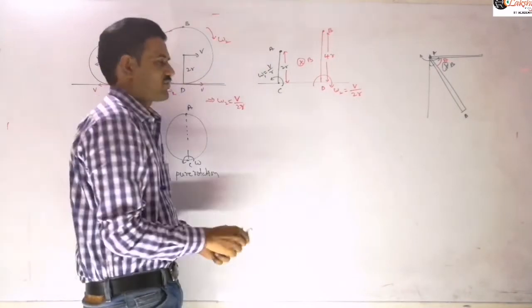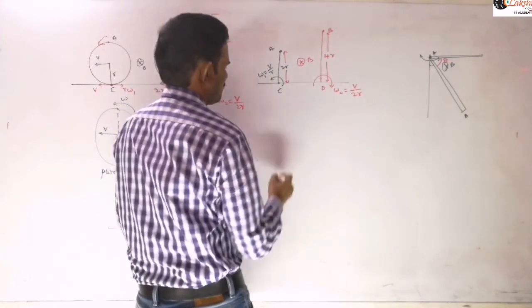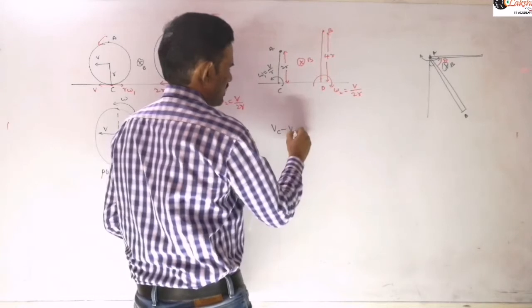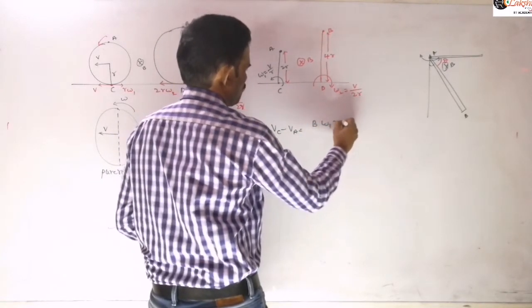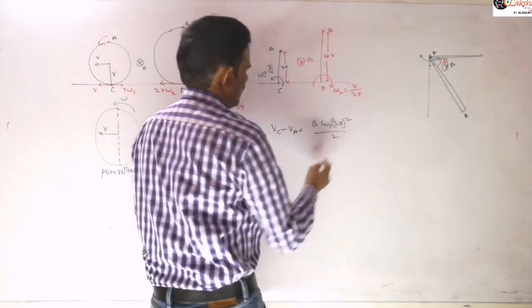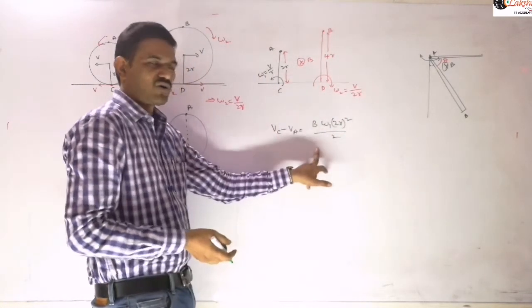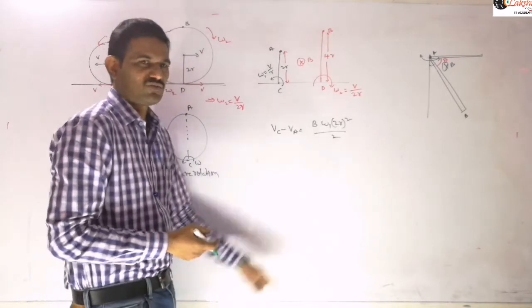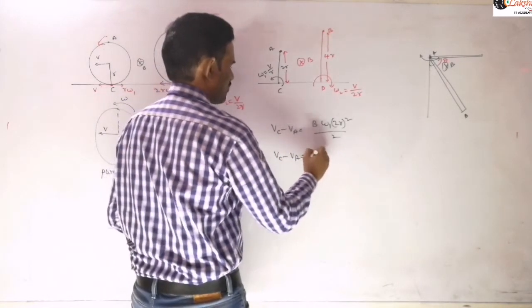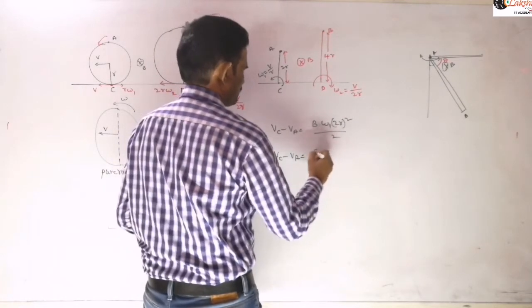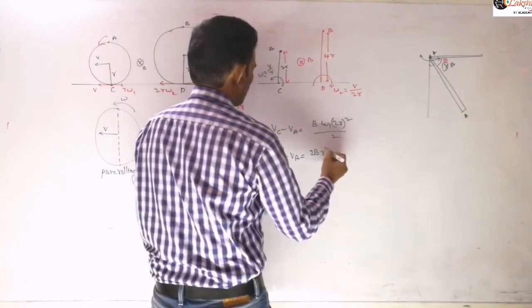So C will be the higher potential there. So we can write this as Vc minus Va is equal to B into omega 1 into (2R) whole square by 2. We are writing it as the rotation of a rod formula, B omega L square by 2. Therefore Vc minus Va is equal to B into (2R) square into that omega value.